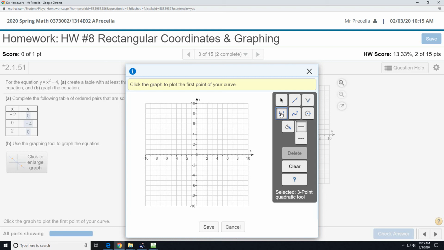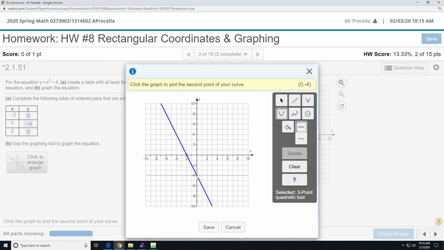Click there, and it says now click the graph to plot the first point of your curve. So I'm plotting -2, 0. Am I at -2, 0? Well, I'll look at the upper right-hand corner of the yellow rectangle, and yes, I am. So I'll click there. Now click the graph to plot the second point of the curve. Well, where would that be? 0, -4.